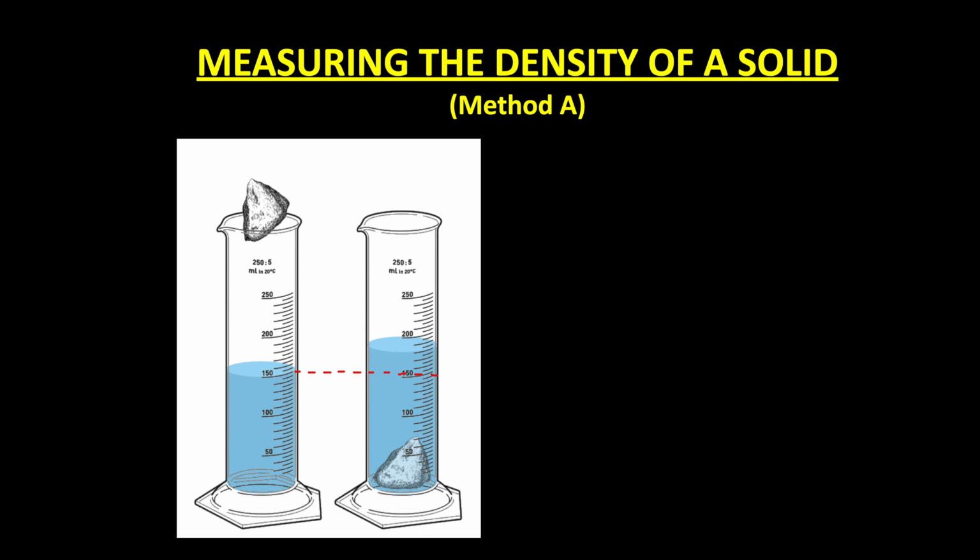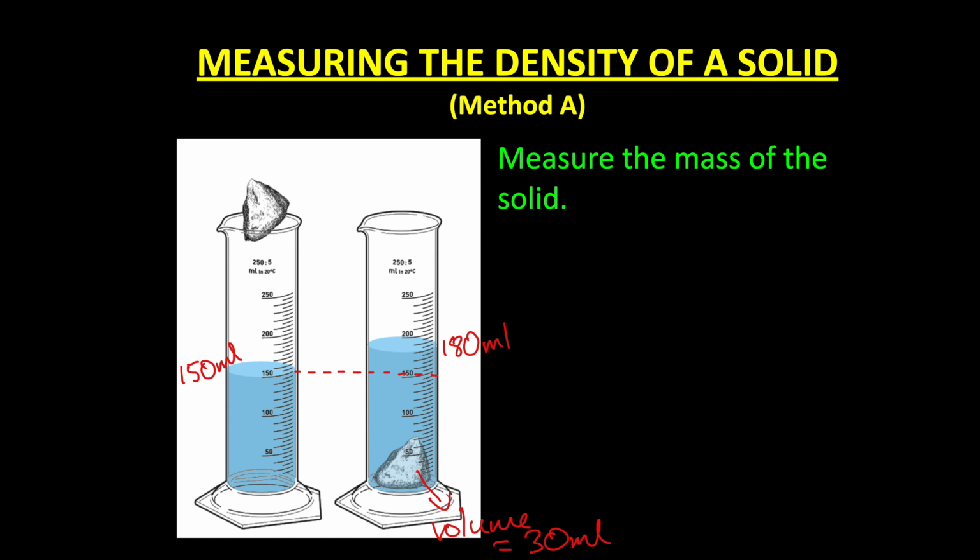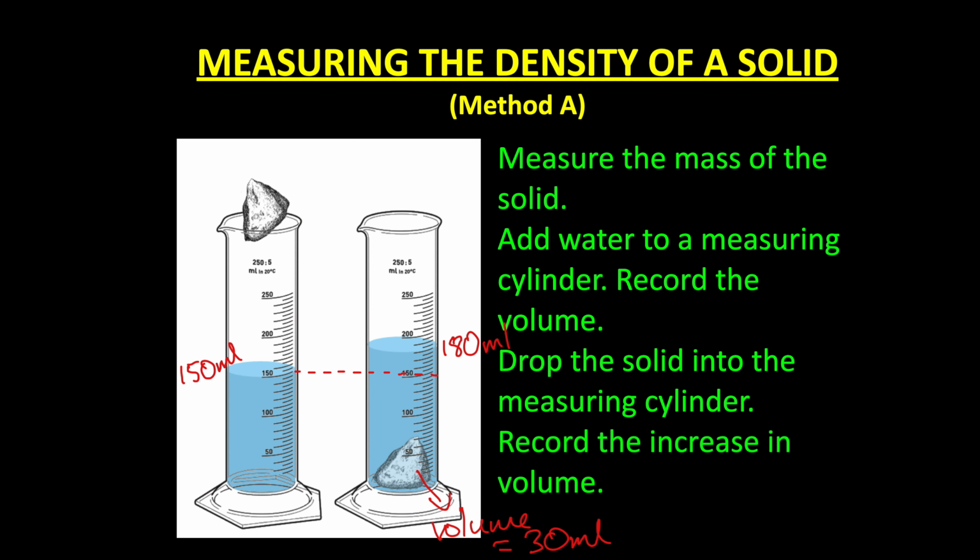However, afterwards, the measuring cylinder shows a reading of 180 milliliters. This additional 30 milliliters is due to the solid in this liquid. So the volume of this solid is equal to 30 milliliters. That is the volume of the solid itself. Combining this with the mass of the solid will allow us to calculate the density.